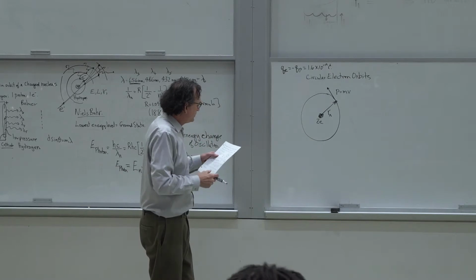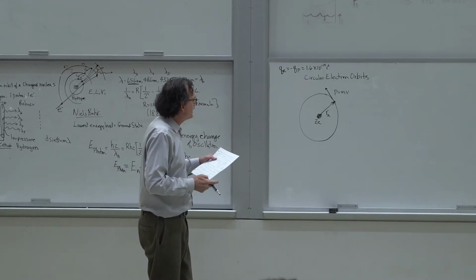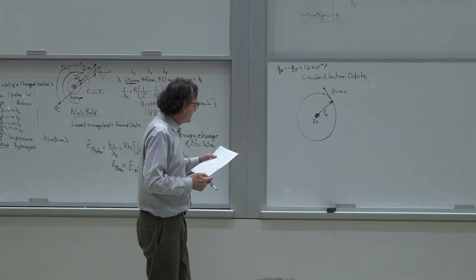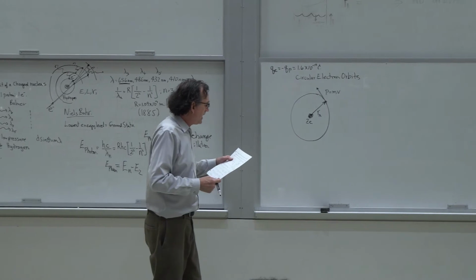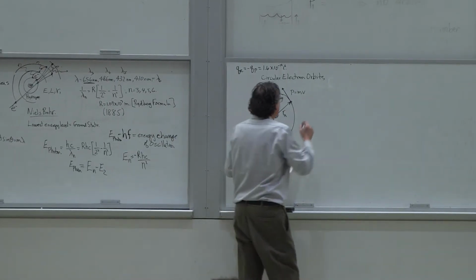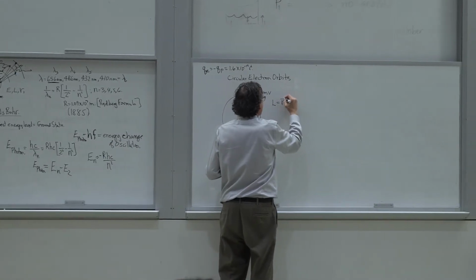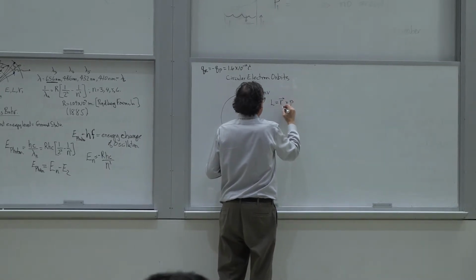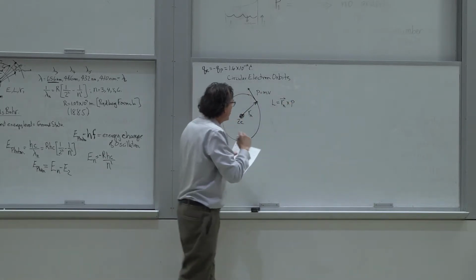Okay, so he wanted to quantize the orbits, and in order to quantize the energies, he assumed that because h has units of angular momentum, and electrons clearly have angular momentum. In fact, we can write down the classical expression for angular momentum: L equals r cross p, or r sub n cross p, where p is the momentum vector.